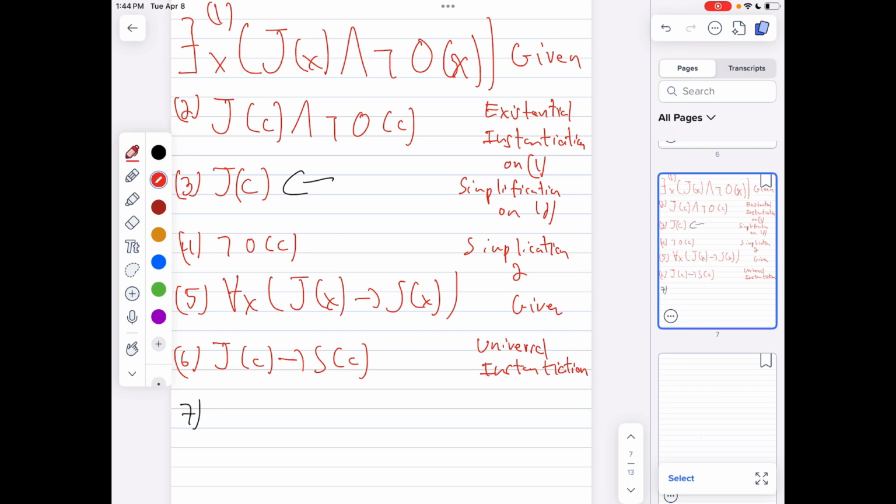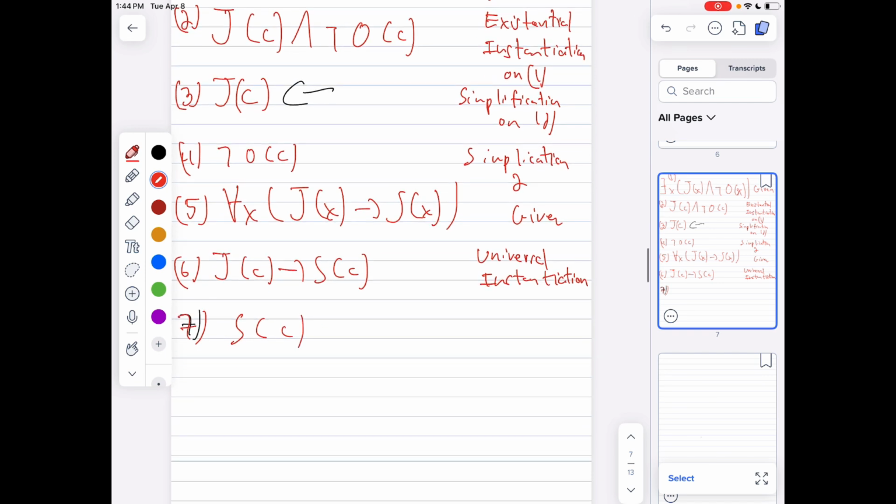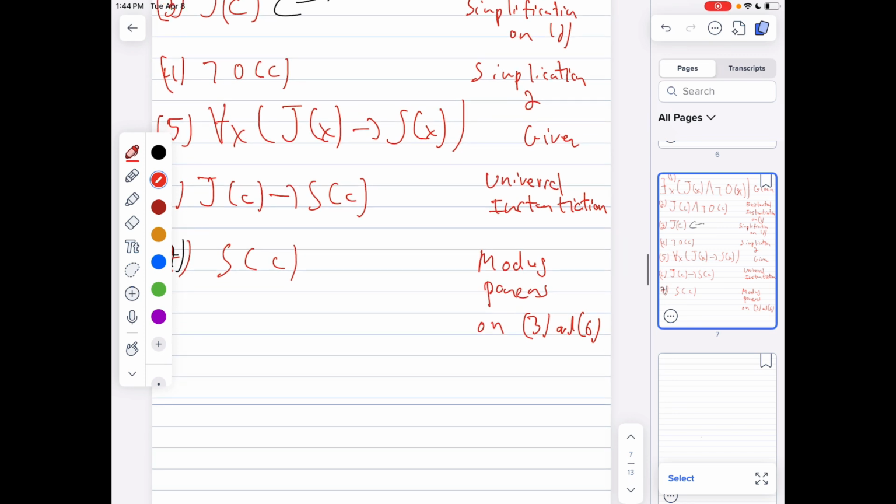So 7, I'm going to say that S of C is true by modus ponens on 3 and 6. And I'm just writing down which numbers I'm applying the rule of inference to.